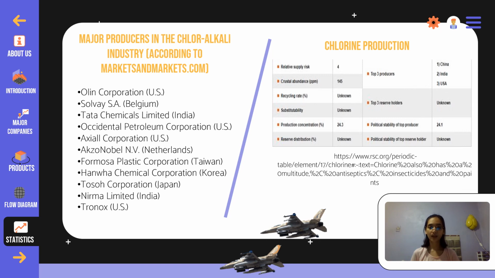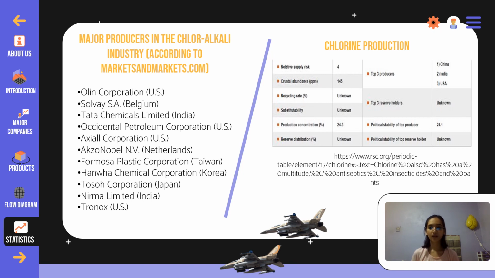The United States is not only on the top of the list, but at the same time is found as the most dominant country for these known major producers, which implies that most production of chlor-alkali products comes from the US, while there are also a few from Europe and from Asia.